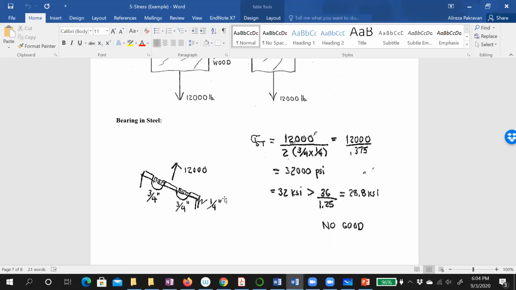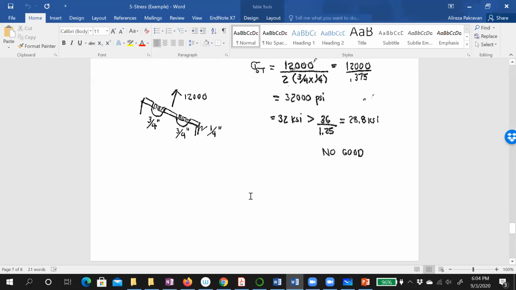Thickness of the steel. That's a good thing. Thickness of the steel, or the size of the bolt. But instead of 1/4, maybe use 1/2 or 3/4, and then we need to redo the calculation and check. Does it make sense to you?